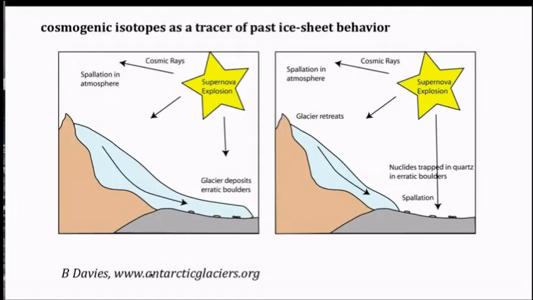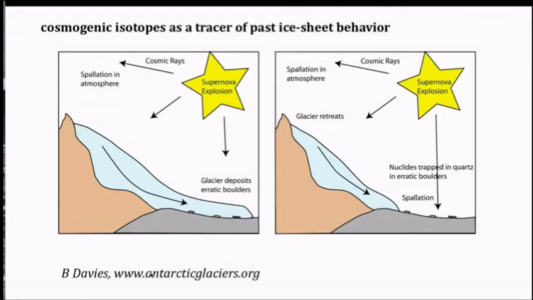In order to get an understanding of glacial history in the past, a commonly used tool that I'm going to talk about leveraging today is cosmogenic isotopes. There are a number of people at Lamont that work on these, but essentially the way that they work is when you have a glacier that covers a bedrock surface, it's being constantly bombarded by cosmic rays from space, which can lead to chemical reactions within certain minerals that accumulate over time.